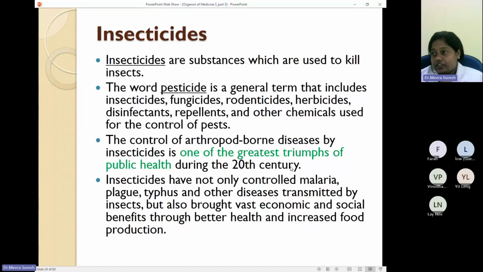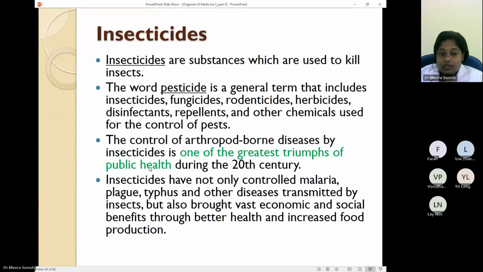Later there was a transition in which the mortality due to communicable diseases reduced and the mortality due to non-communicable diseases increased. Now both are increasing, but still in the 20th century, the mortality and morbidity caused by vector-borne diseases or arthropod diseases were controlled by insecticides, one of the greatest victories in the public health arena.